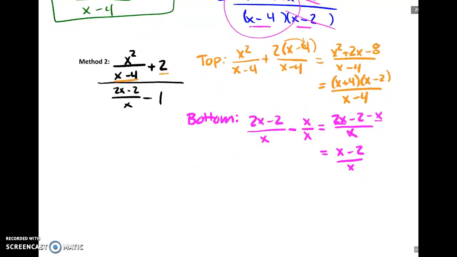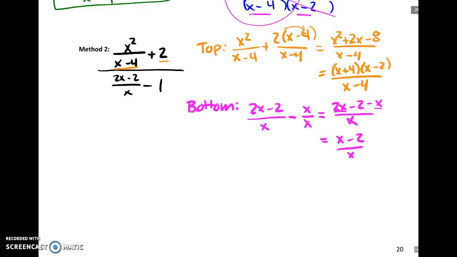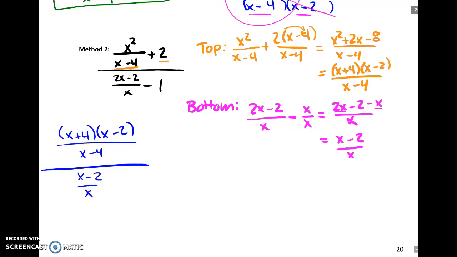Okay, so my whole fraction, now I've redone the top and redone the bottom. The whole fraction is going to be x plus 4 times x minus 2 over x minus 4, all over, so that was the top, x minus 2 over x. Okay, from this point, you want to state your domain.